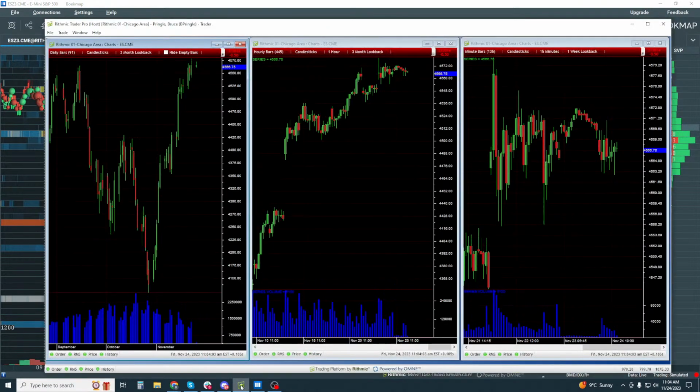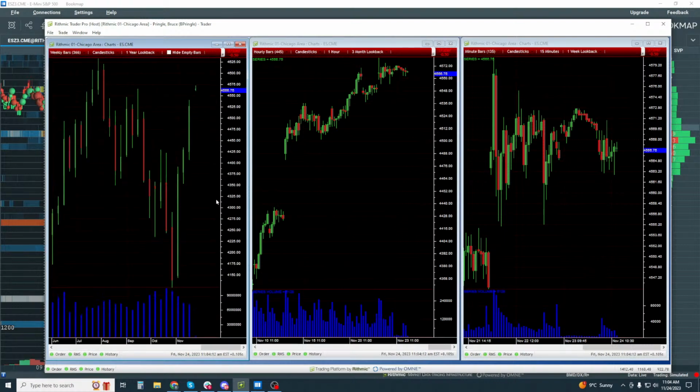I'm convinced about it. It works on the daily chart. It works on the monthly chart. We can look at weekly bars in here. It is the same process.